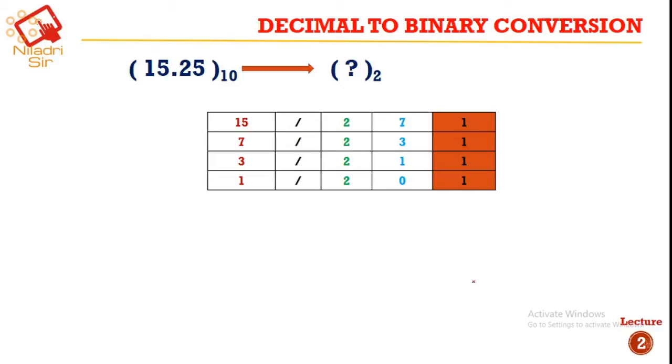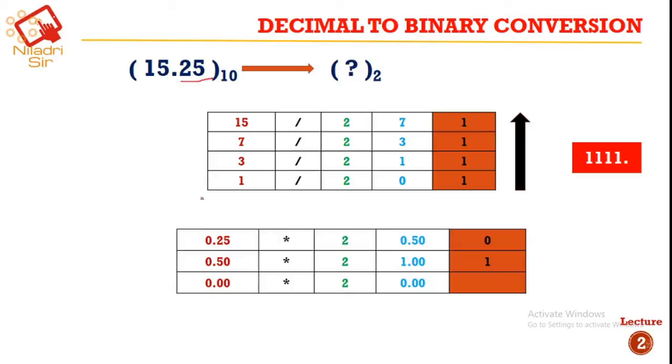So we'll read it in the opposite direction, that is in this direction. So this is 1 1 1 1. And we are giving a point for the next part. So we'll multiply this part. 0.25 into 2 will be 0.50, and here is 0, so 0 will be on this side. Next, 0.50 will come here.